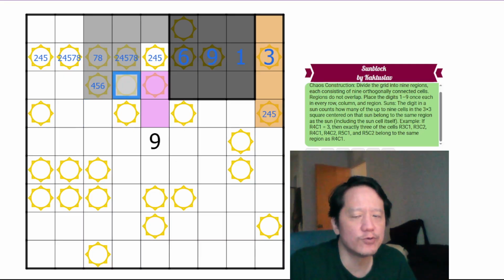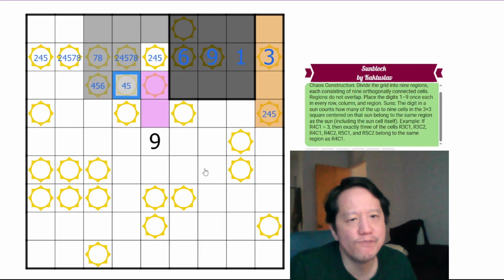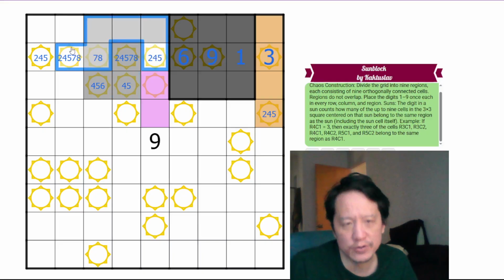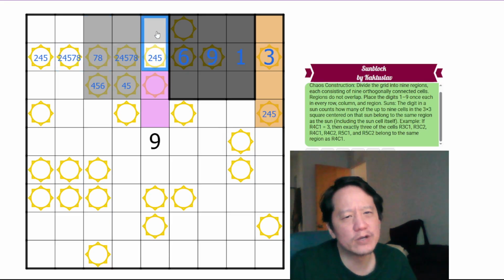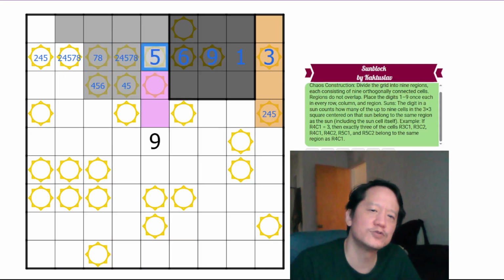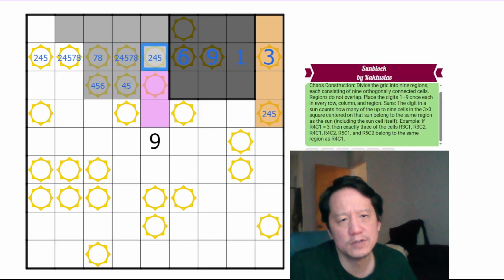This would then be 4 or 5. So what we could not have then is both this be part of it and this be part of it. But what we could have is something like this. What happens if we do that? Then this would be 5. This would be 5, that would be 4, but this would also be 4, and that doesn't work.